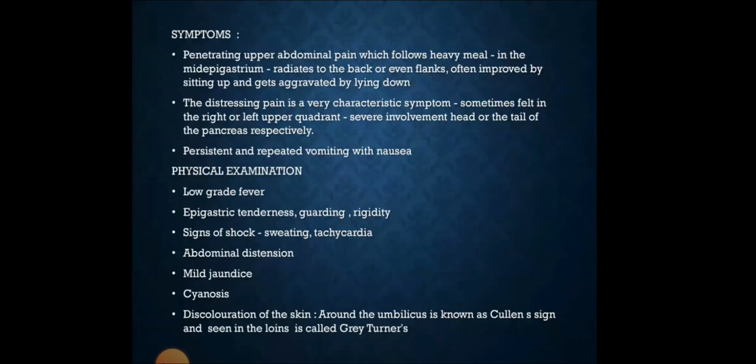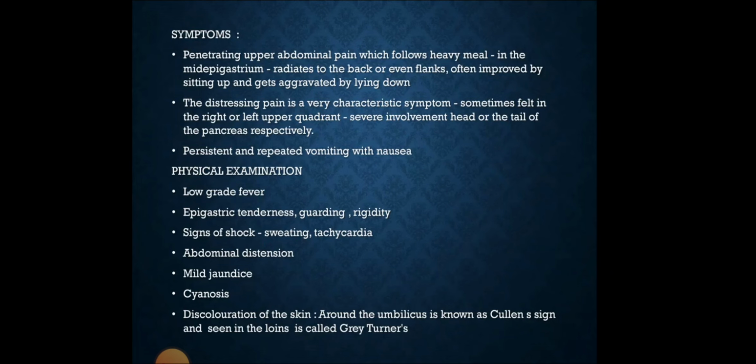Discoloration of skin, mainly it is told in the hemorrhagic pancreatitis because of the extravasation of blood, presence of extravasated blood, there will be discoloration. And the discoloration of the skin around the umbilicus is called Cullen sign, and when it is in the loins or in the flanks, it is called Grey Turner's sign.